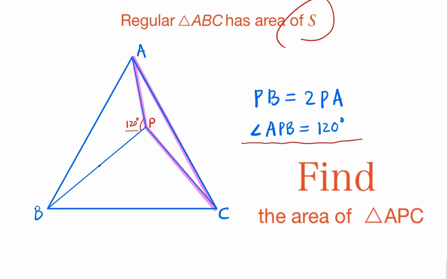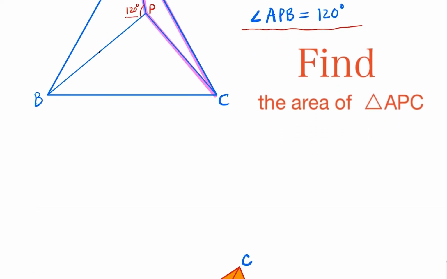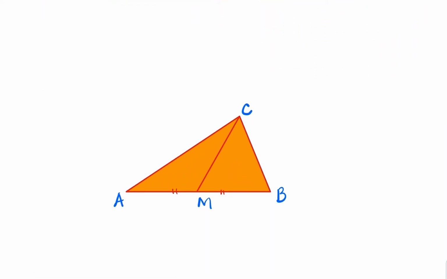All right, as in any geometry problem, the key is to find the proper auxiliary line to solve the problem. Now here, however, we're going to use a common fact in analyzing the problem, which is if you have a triangle and you have a midpoint on one side, we claim that the two triangles have the same area. Why?